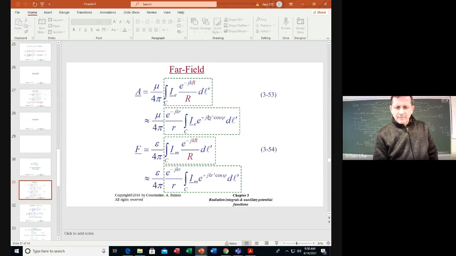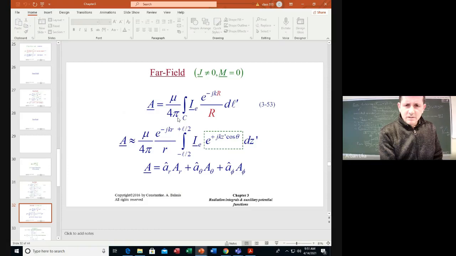Once we are in the far field regime, the integral will be independent of the distance, because for this reason the e to the power minus jkr can move out of the integral completely. One thing that we should notice is that the first exponential term, e to the power minus jkr, is just denoting a wave which is propagating along the increasing values of r, but that one is modified by a factor which is 1 over r.